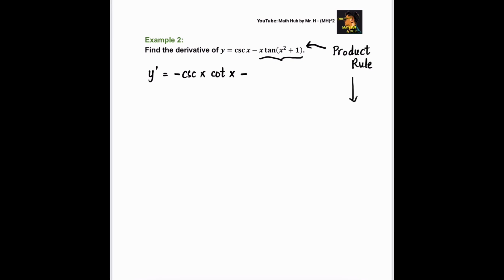Just to recall the product rule, say for example, x here is u, and tangent of x squared plus 1 is your v. If you want to find the derivative of that, we take u times the derivative of v plus v times the derivative of u.